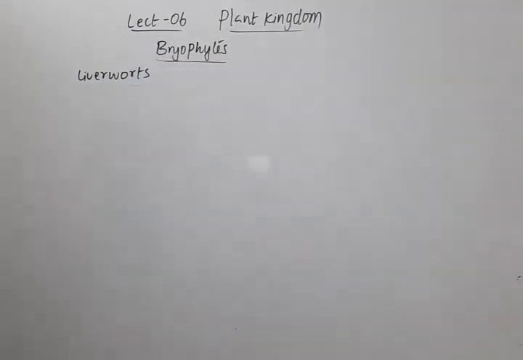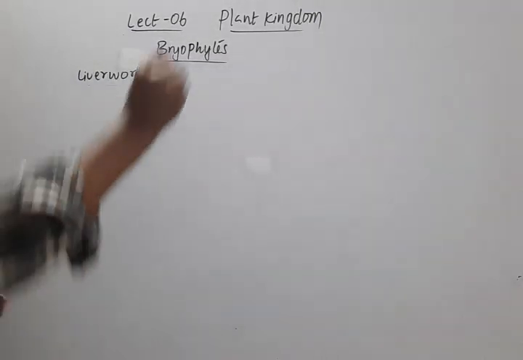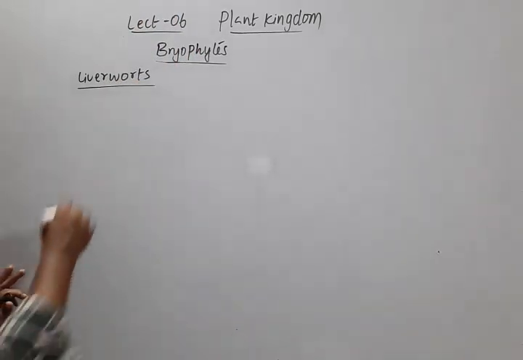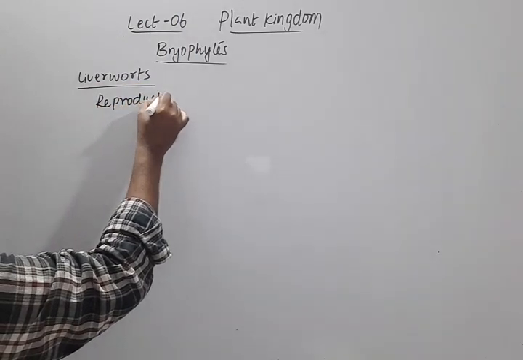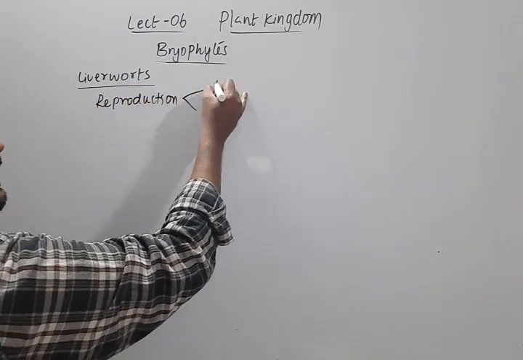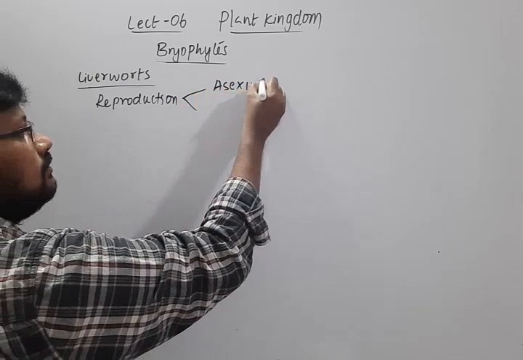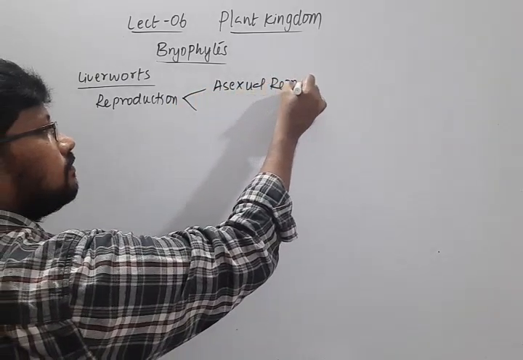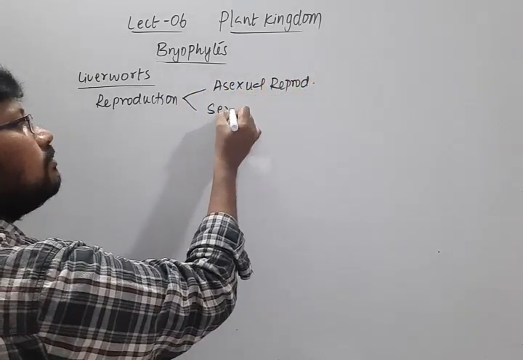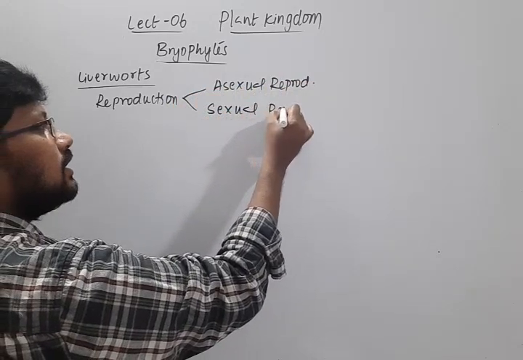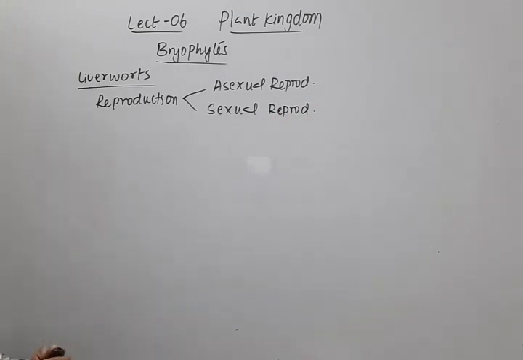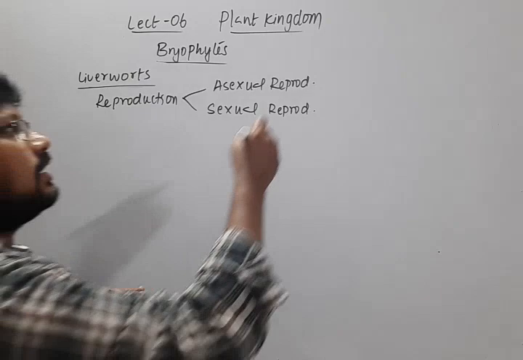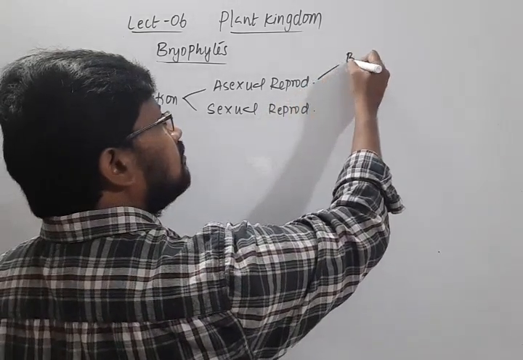This reproduction will be by asexual method, and it will also be by sexual method. So first, let's see how the asexual mode of reproduction takes place in liverworts.